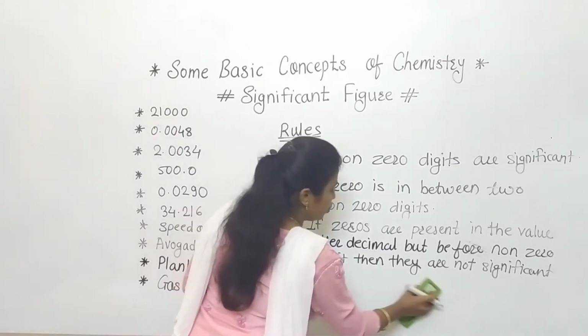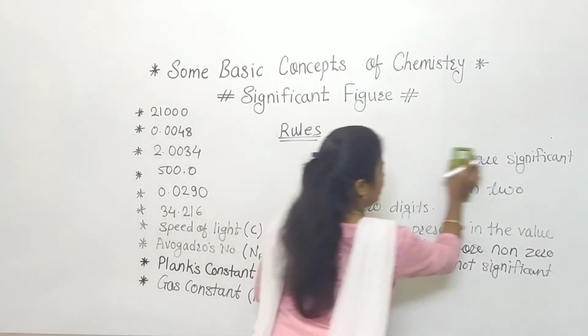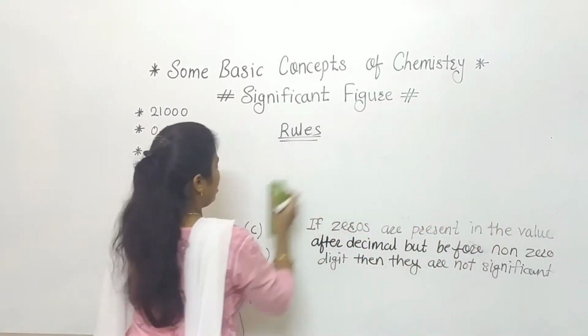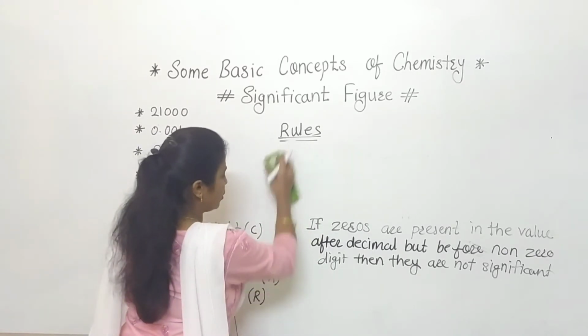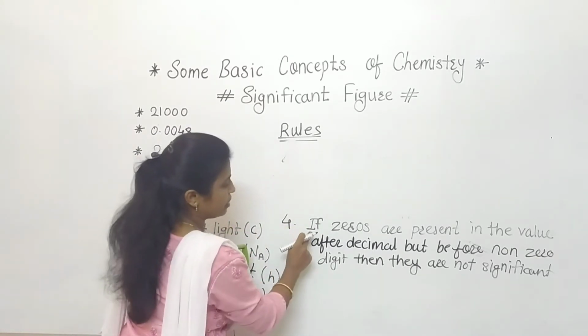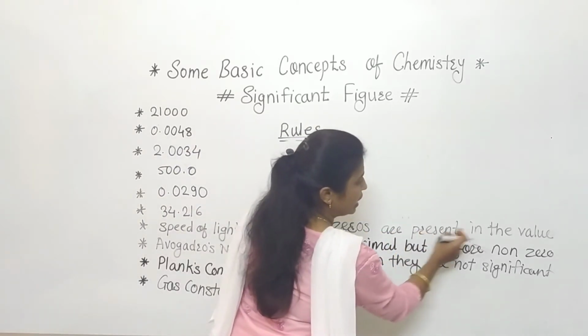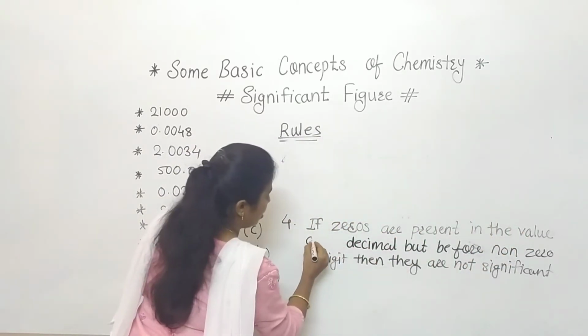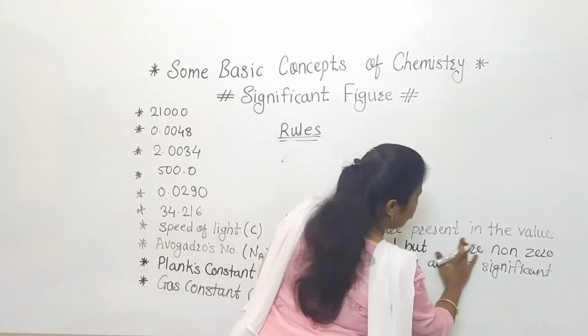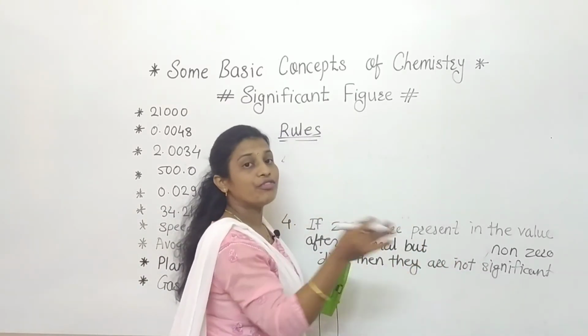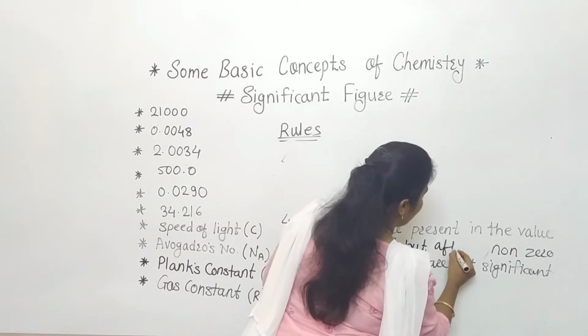Okay, fourth rule we can say that fourth rule यहाँ पे ऐसे ही consider करना है. क्या है fourth rule? देखो fourth rule के लिए क्या consider करना है, if zeros are present in the value after decimal but instead of before we have to write that after non-zero. What is that rule?